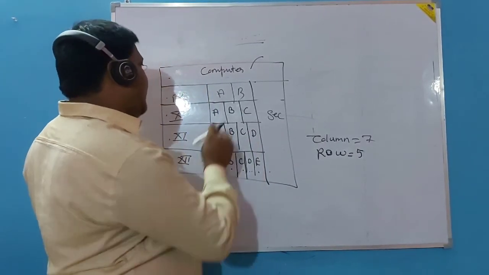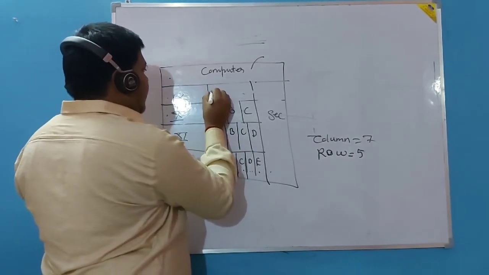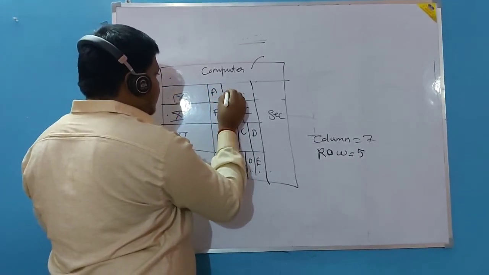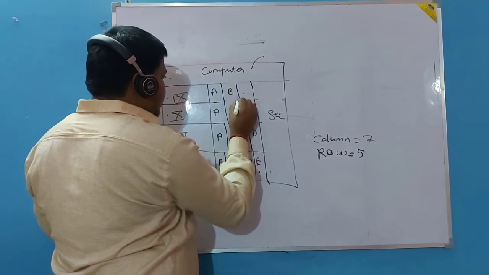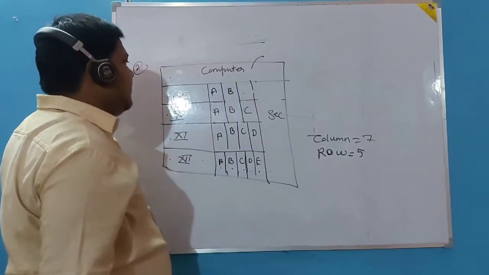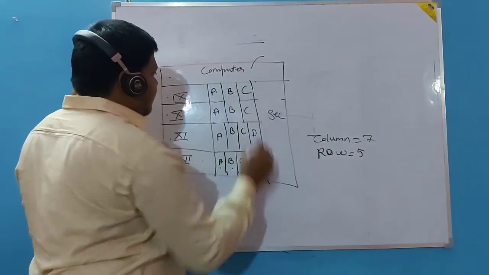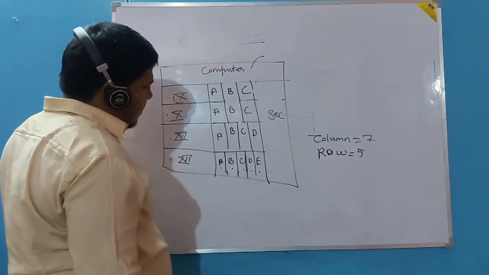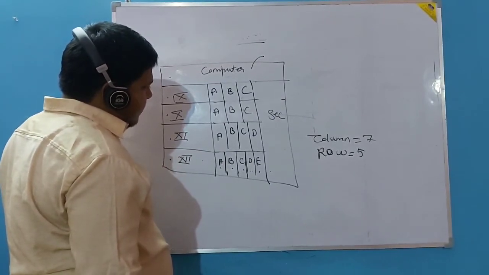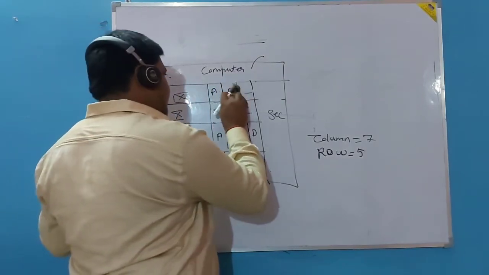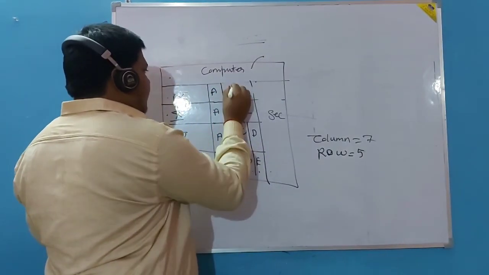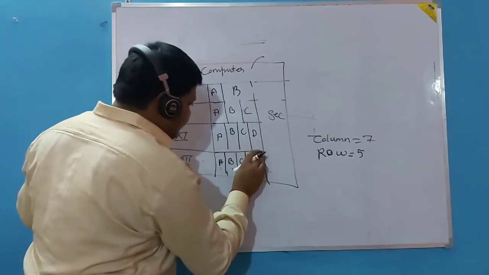5. Then A, B and C. A and B. Here only 4 columns.